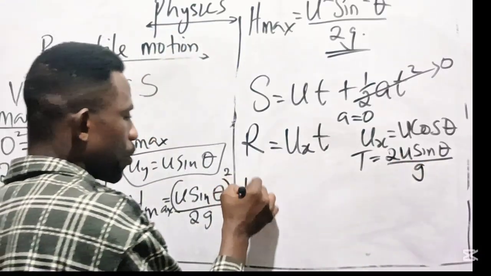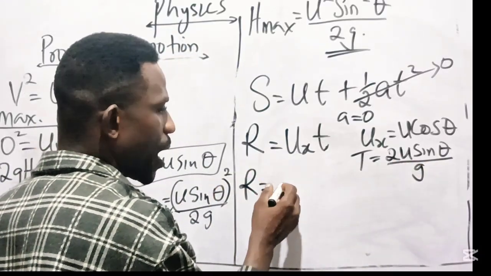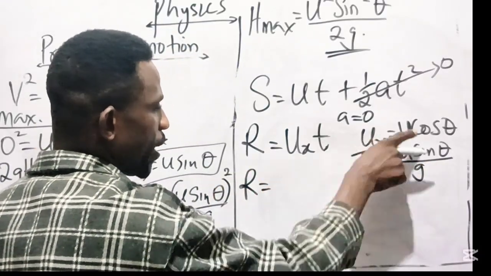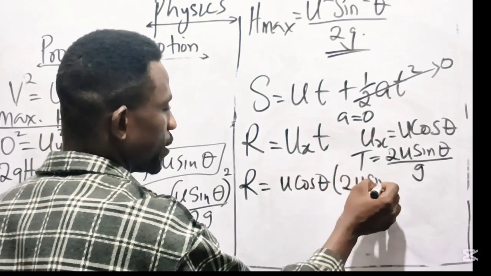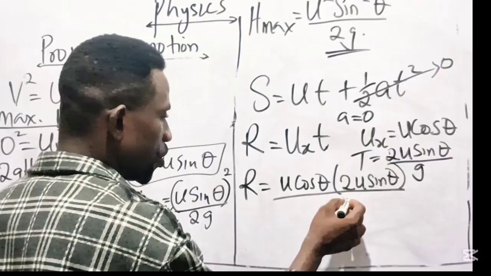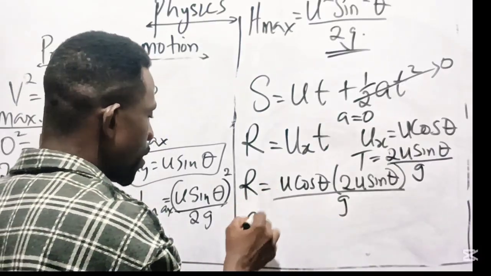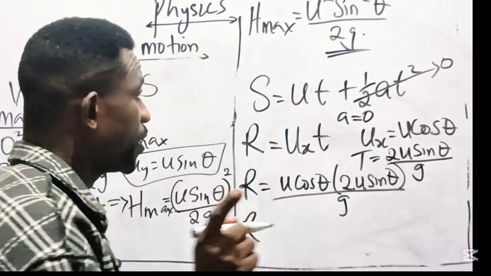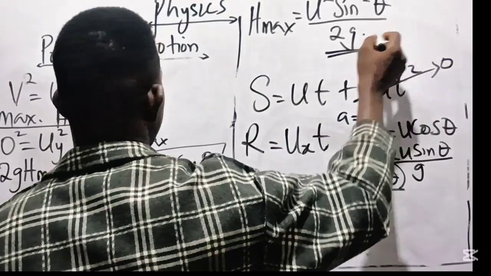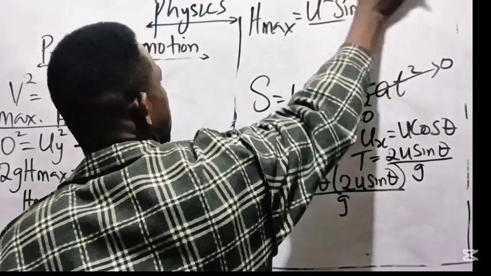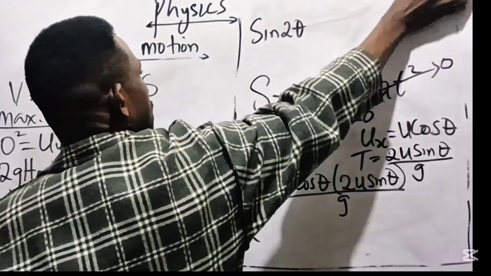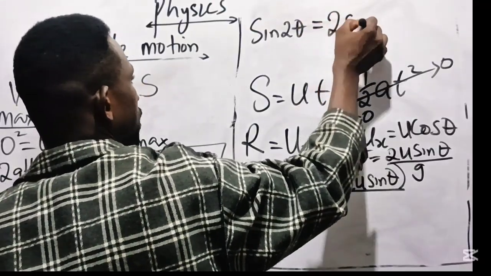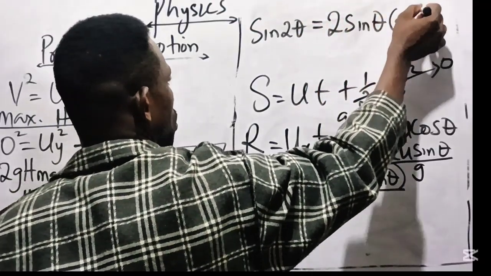So if we substitute into this, you have u cos theta into 2u sine theta, over g. From a trigonometric identity, we already know that sine 2 theta is equal to 2 sine theta cos theta.